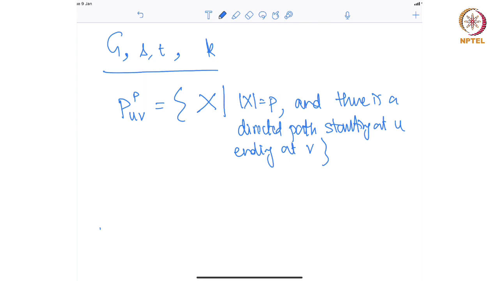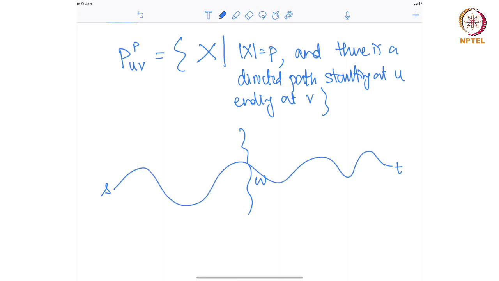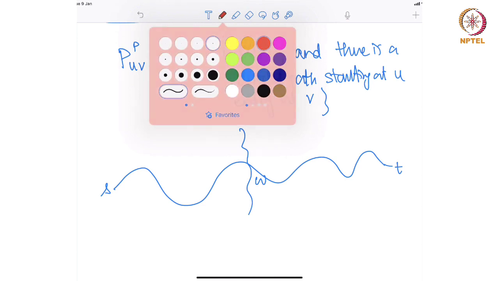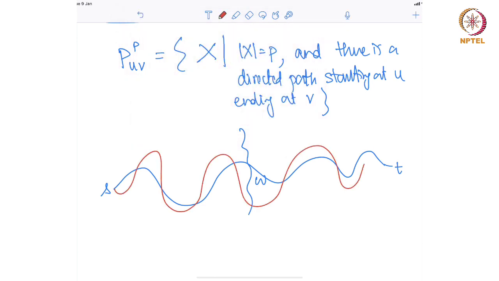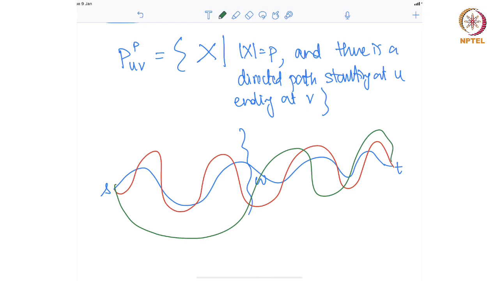Suppose I have S and T, and I do have a path of say length k between them. Let us take some W. Is it possible that there are several paths: this is one directed path, this is another directed path, and this is another directed path.